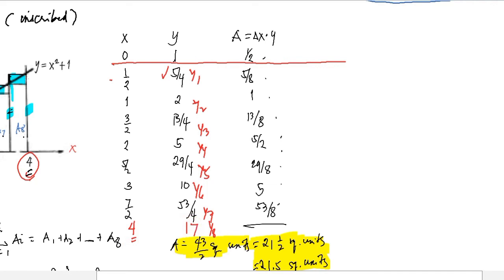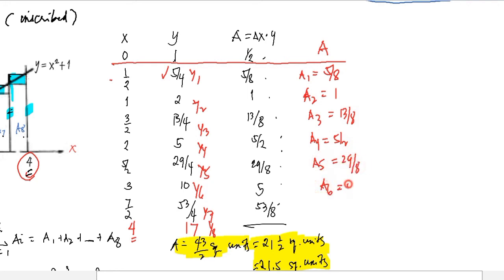So, magkakaroon tayo dito ng area natin dito will be area 1 is 5 over 8. Ang area 2 natin ay 1. Our area 3 is 13 over 8. Our area 4 is 5 over 2. Our area 5 here is 29 over 8. Our area 6 is equal to 5.